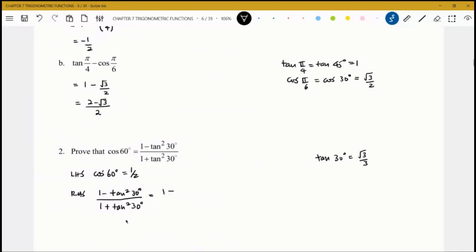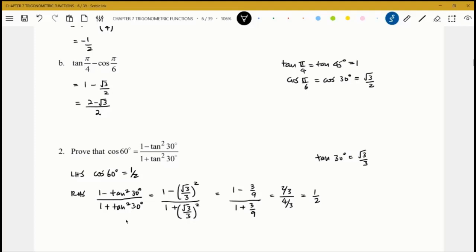We have 1 minus square root 3 over 3 squared, divided by 1 plus square root 3 over 3 squared. So simplify first. We're going to have 1 minus 3 over 9 divided by 1 plus 3 over 9. So directly we're going to have 2 over 3 on the upper part, bottom part we have 4 over 3. So we have the final answer, which is half.